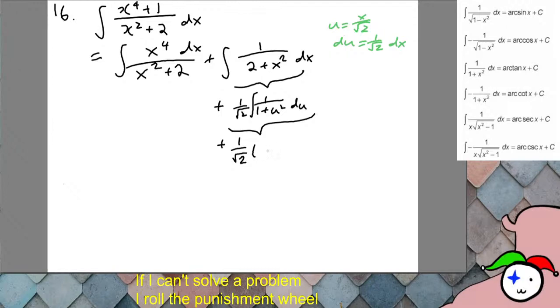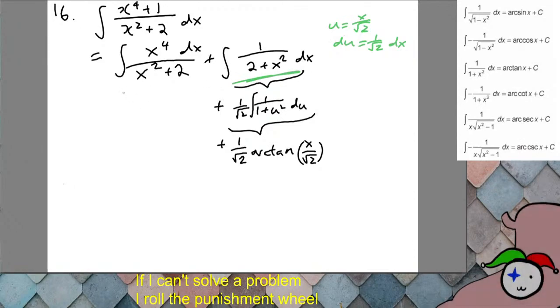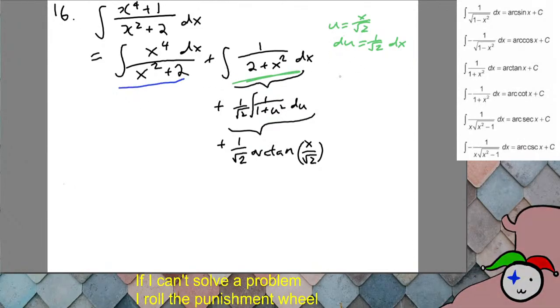Natural log, nope, arctan of u, which is x over root 2 dx. Oh. So on this side, let's highlight this as green, so that green applied for that. Let's highlight the spot with blue so we know what we're doing here.